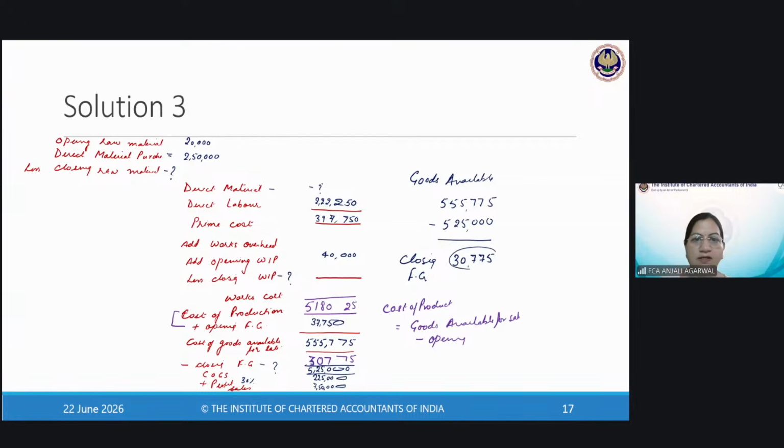Now, if this figure is 175,500, can you find out closing stock? What is purchases? Purchases will be equal to consumed plus closing minus opening. So what is closing? Closing is opening plus purchases minus consumed, right?